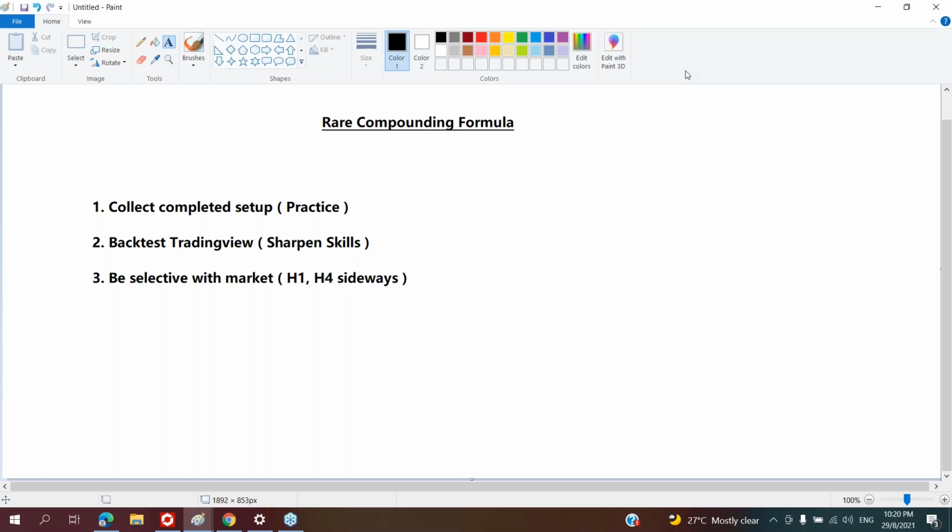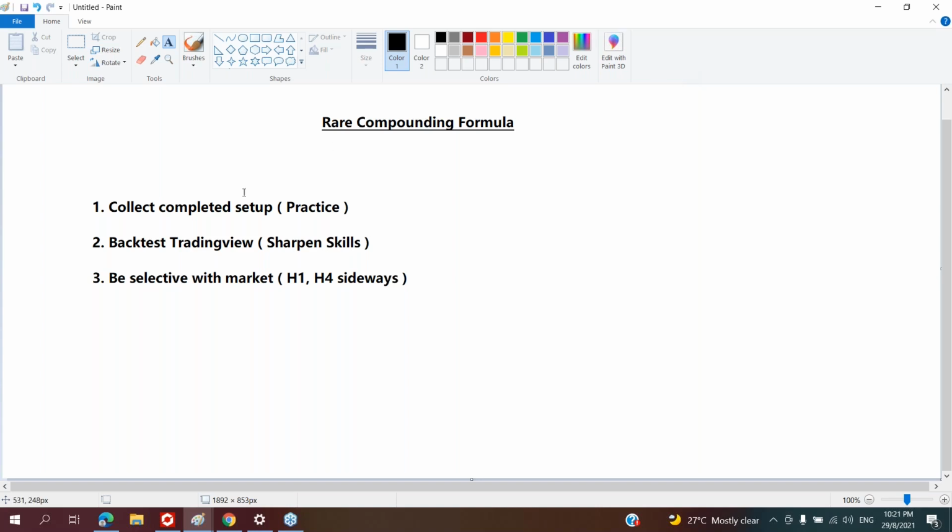For example, if you have $300 capital, you're going to start with 0.50 lot. So that's why it's very rare. Some traders don't really use it, and some traders use it because it really makes you rich real quick. But it depends on the setup or confirmation you choose.